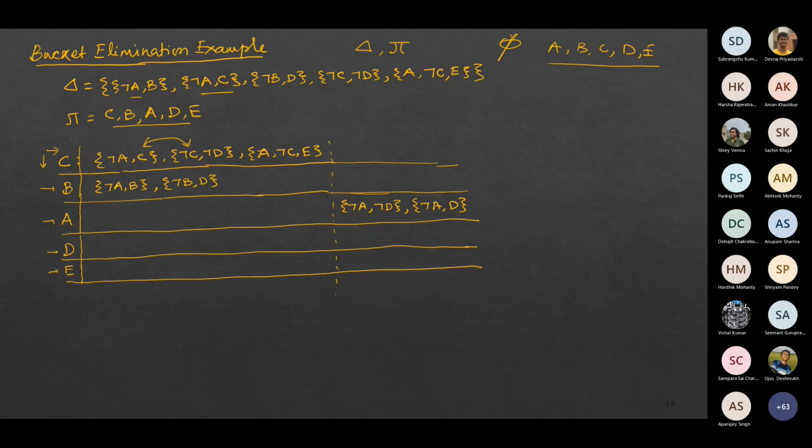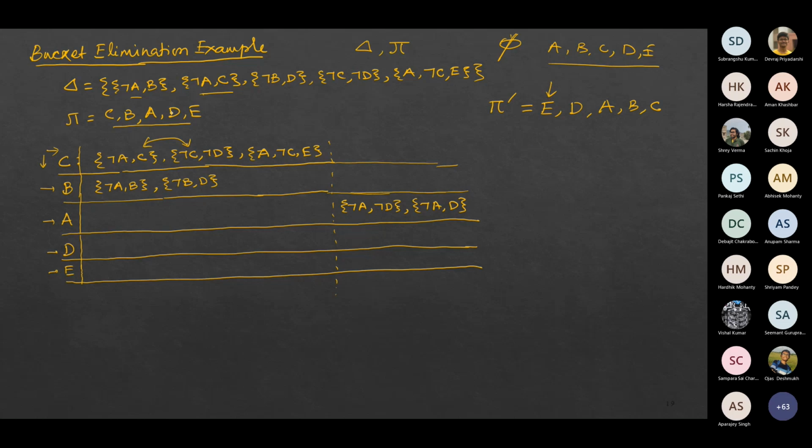So how do we really come up with that assignment? What we'll do is process the variables in the reverse order in which we have presented. So we will take, say, pi prime, which is the reverse of pi. So it starts with E, D, A, B, and C, and we start to assign values to variables in the reverse order, right?